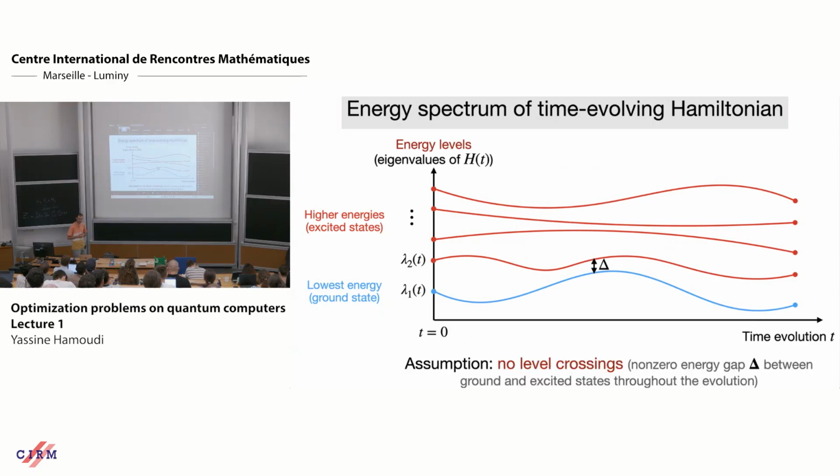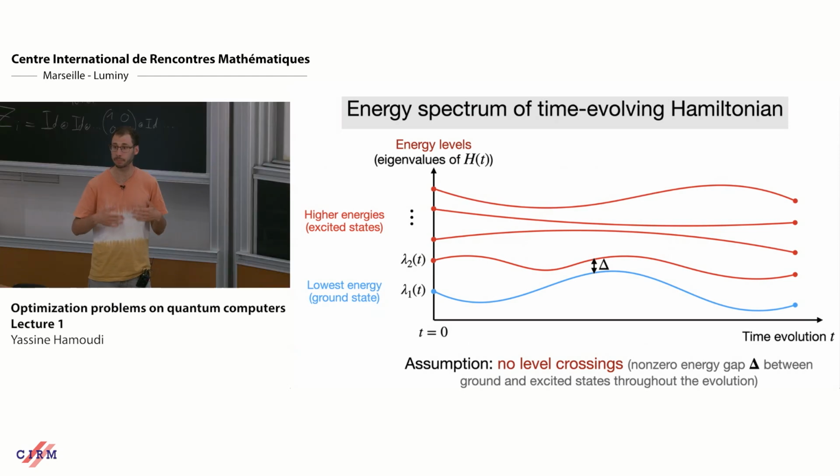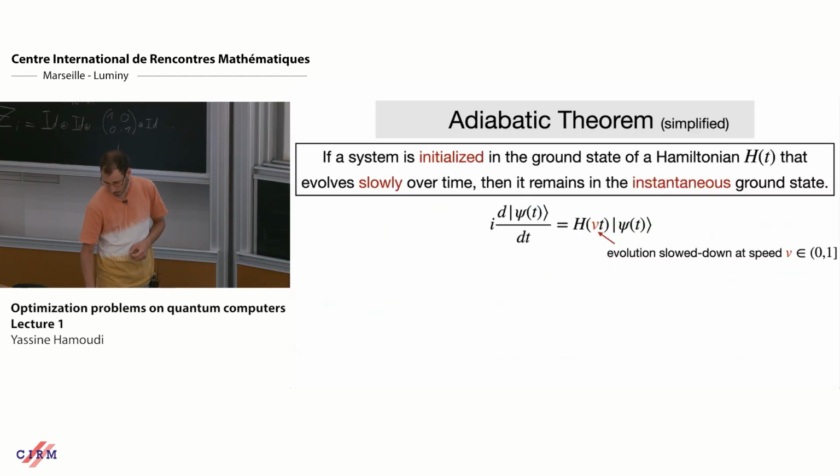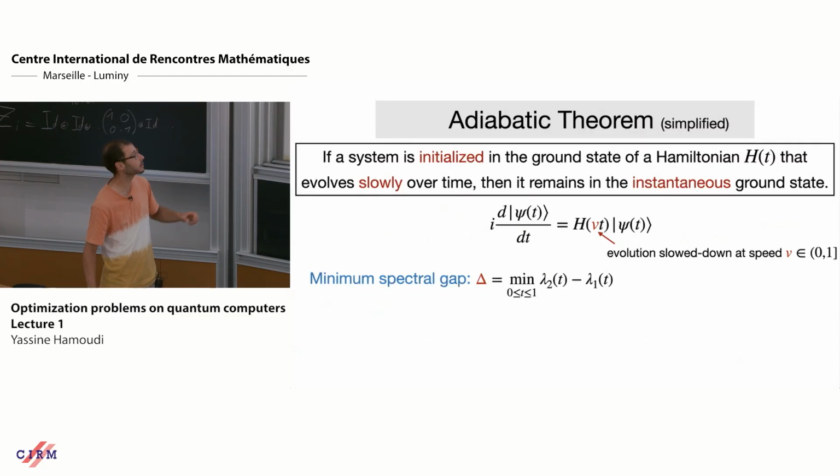And the important assumption is that there are no level crossings, meaning that delta remains non-zero all along the evolution. Okay, so as before, this is like the spectral gap assumption. Okay, so this is the actual definition of delta.